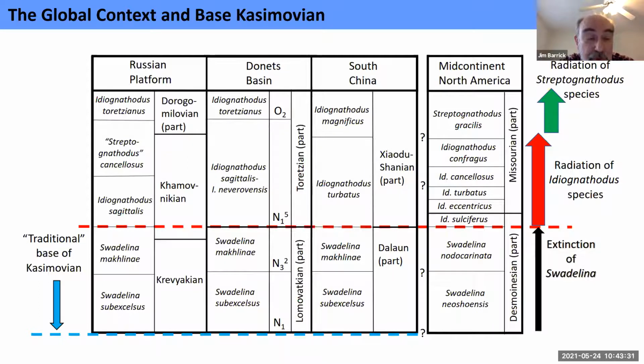As far as the traditional base of the Kasimovian, there's no conodont way to recognize this at all. We can approximate it by doing cycles, but there's no direct way to correlate with it. Now, there's been mention of the presence of subexcelsus in the Sal sa Saqua section, something I didn't remember.